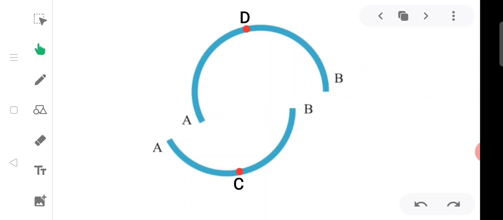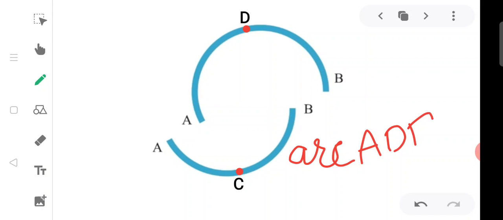So here the 2 arcs are ACB and ADB. Now remember, when you write the name of an arc, you must first write "arc" and then write the name. See here, arc ADB. In this way, write the name.